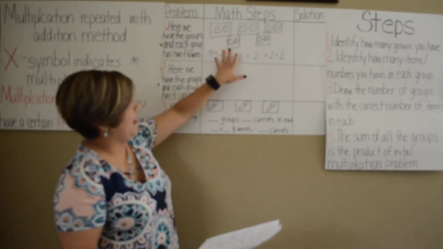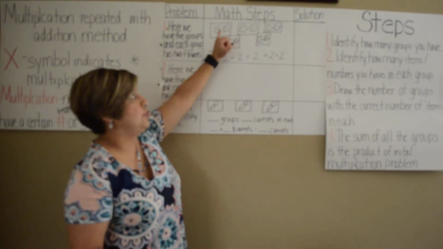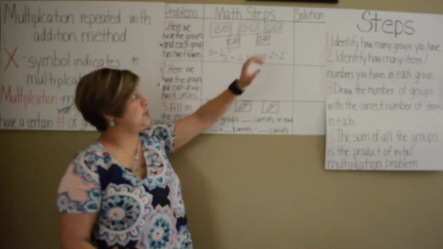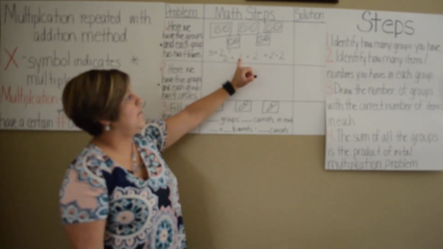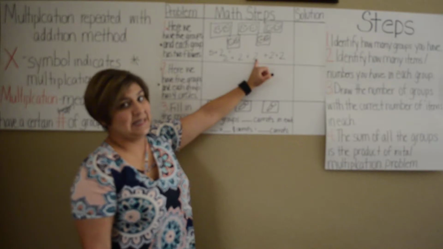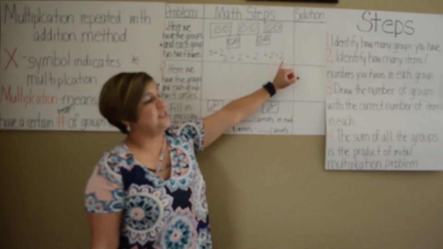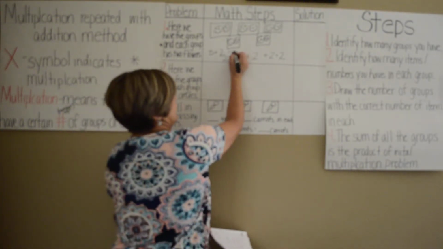So we know that we have 5 groups with 2 flowers in each group, or we could do 2 plus 2 plus 2 plus 2 plus 2. So 2 plus 2 is 4, 4 plus 2 is 6, 6 plus 2 is 8, 8 plus 2 is 10. So our answer would be 10.